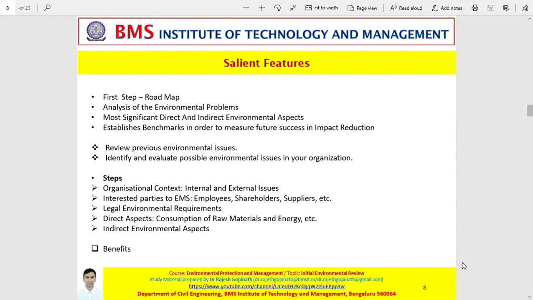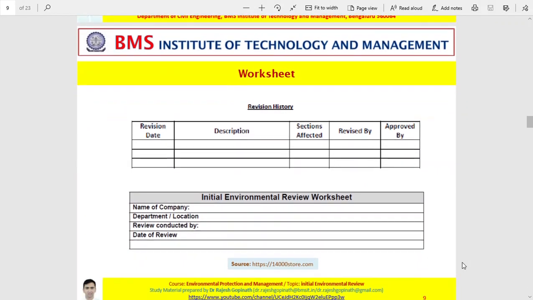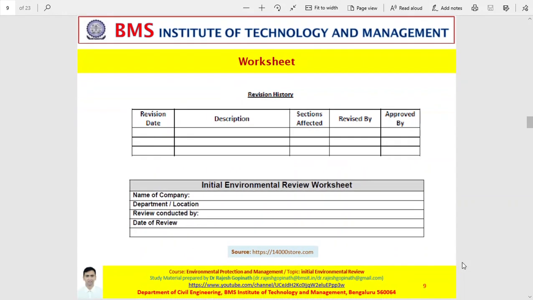Now let us move on to slide 9 to understand a typical worksheet. As you can see in slide 9, this checklist basically contains information about revision history.